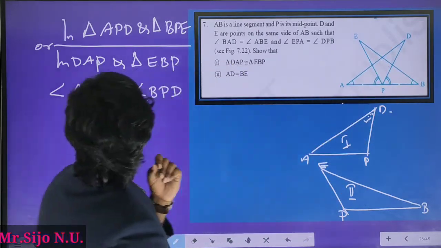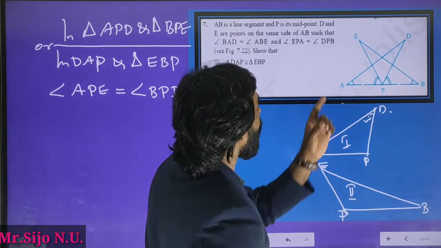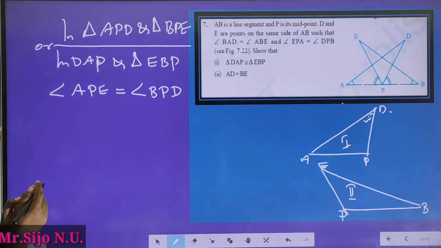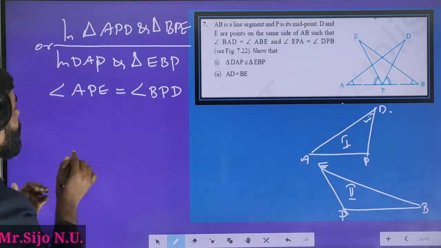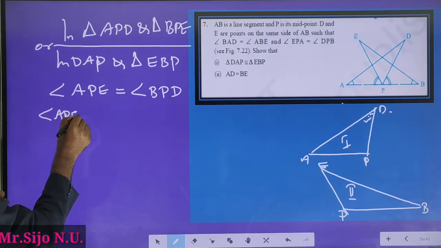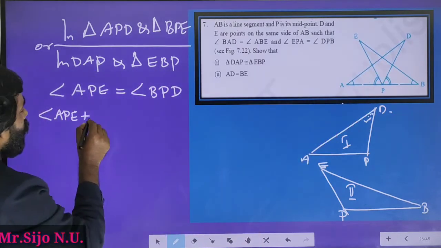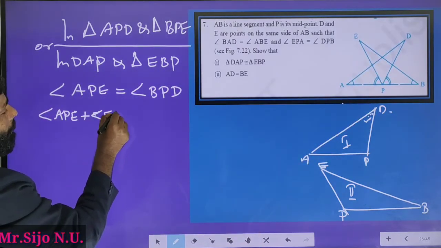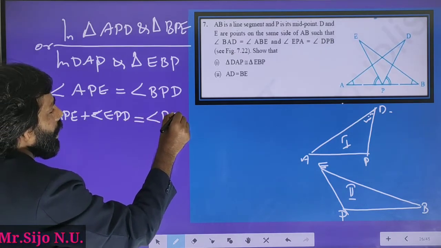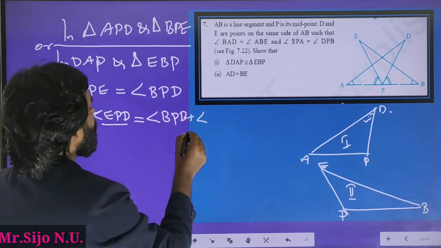So to get APD, what can we do? Yes, this is a common portion, a common angle, which one? Angle EPD. So we can add it to both sides. So we can write here angle APE plus EPD equal to angle BPD plus we are adding angle EPD.